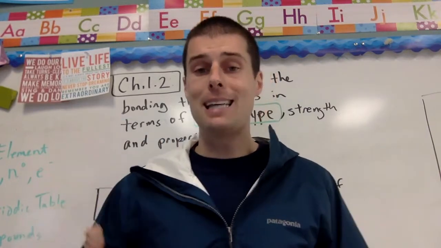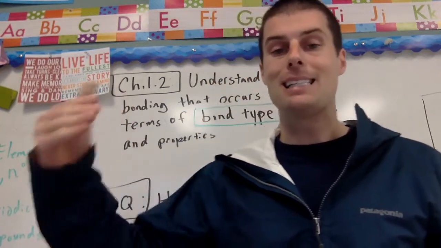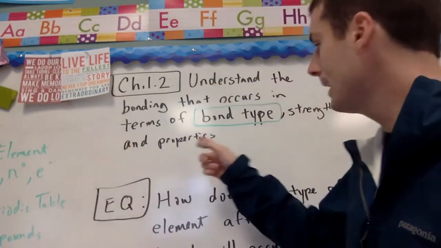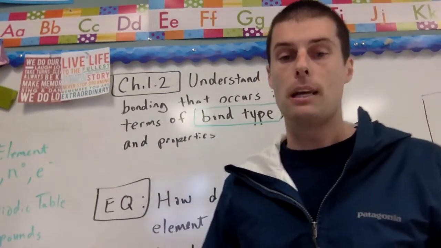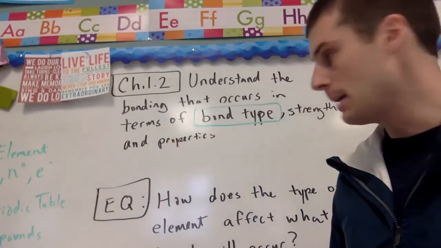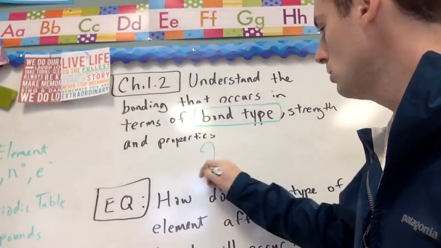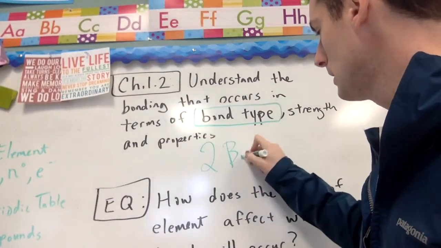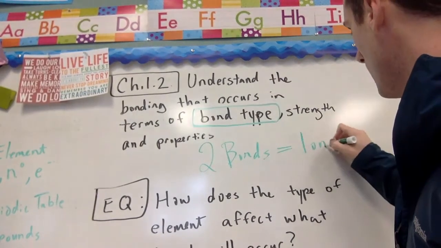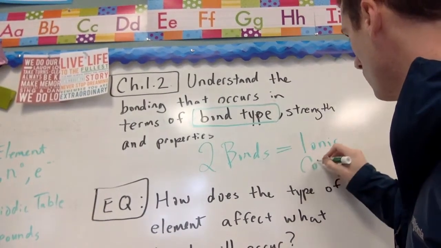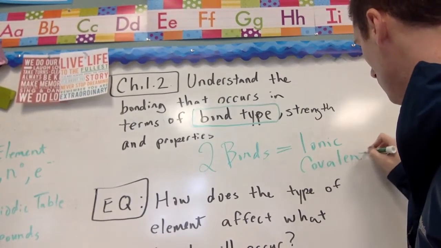Okay, so for today, we're just going to talk about bond types, right? We're not going to get into the strength or the properties yet. We'll get into that a little bit later, but we're just going to talk about bond types. In fact, we're going to talk about two bond types. And that will be one called ionic and another one called covalent.